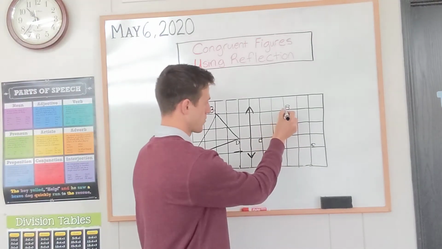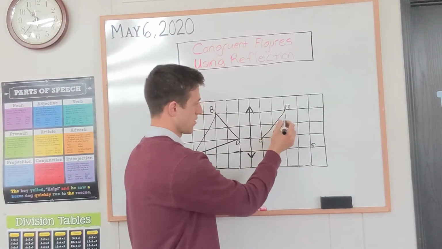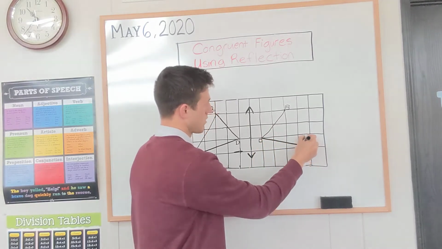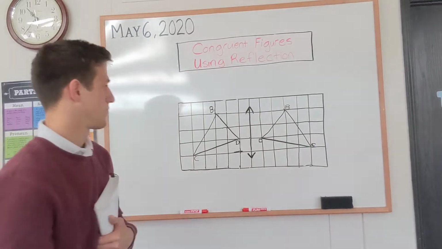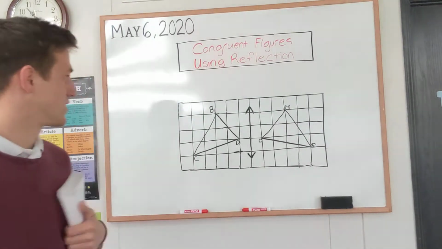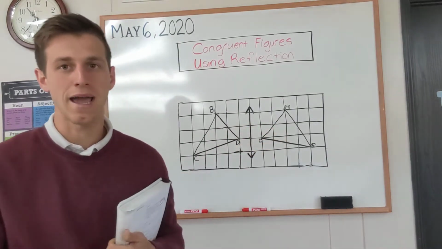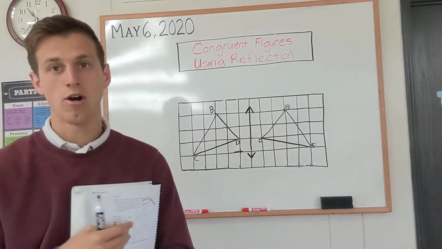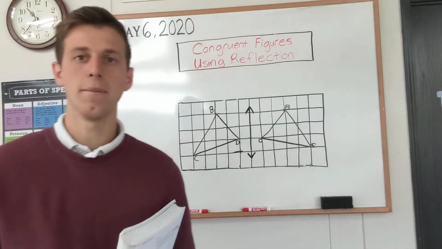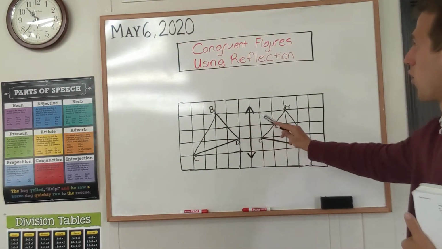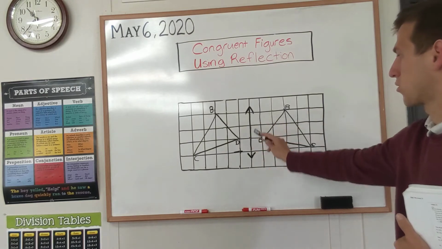So watch, we go from here to here, from here to here. Notice it is a congruent shape. It might be a little bit off because my measurements on here aren't exact, but that is how we construct our congruent figures using our line of reflection.